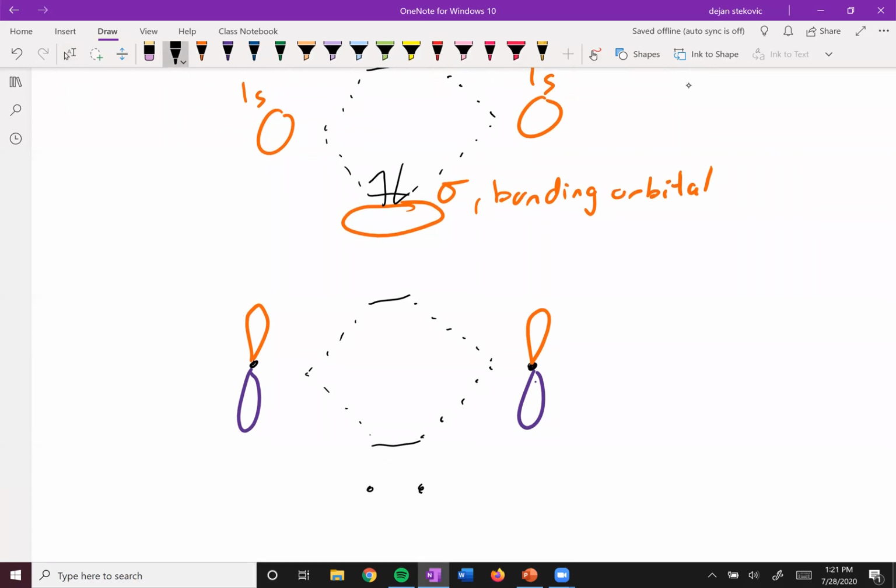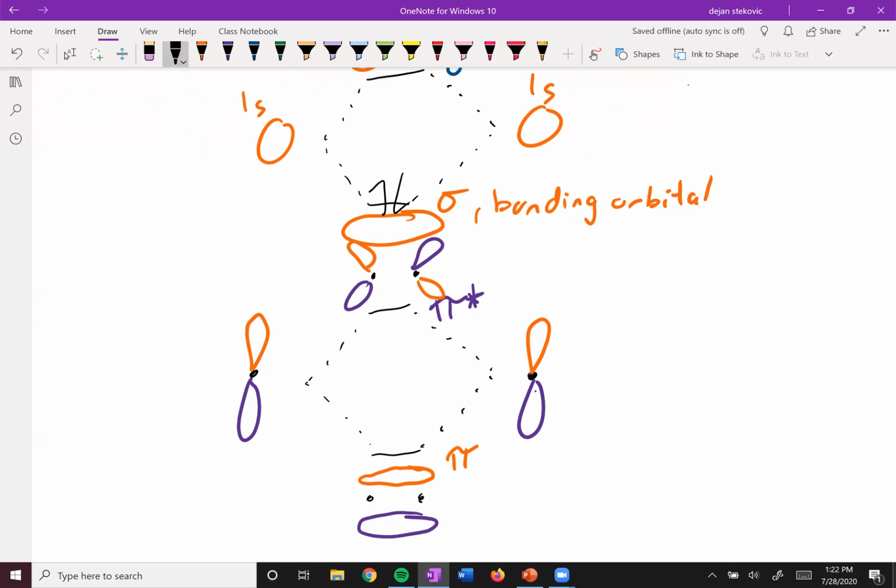And then on the bottom, we'll have a pi bond or a pi bonding orbital, and they'll mix constructively, right? So they're in the same phase, right? And then in the top here, we'll have a pi star, an anti-bonding orbital. Here, we're out of phase, and so they don't mix.